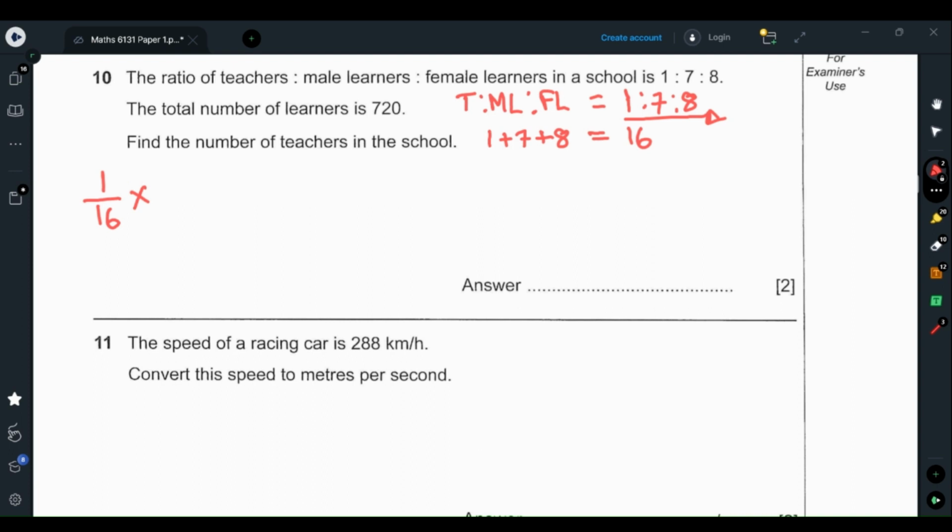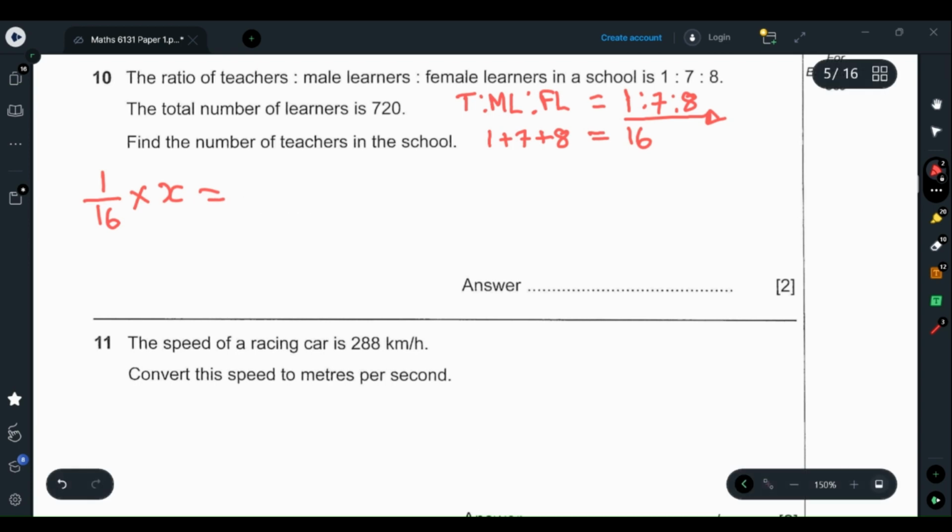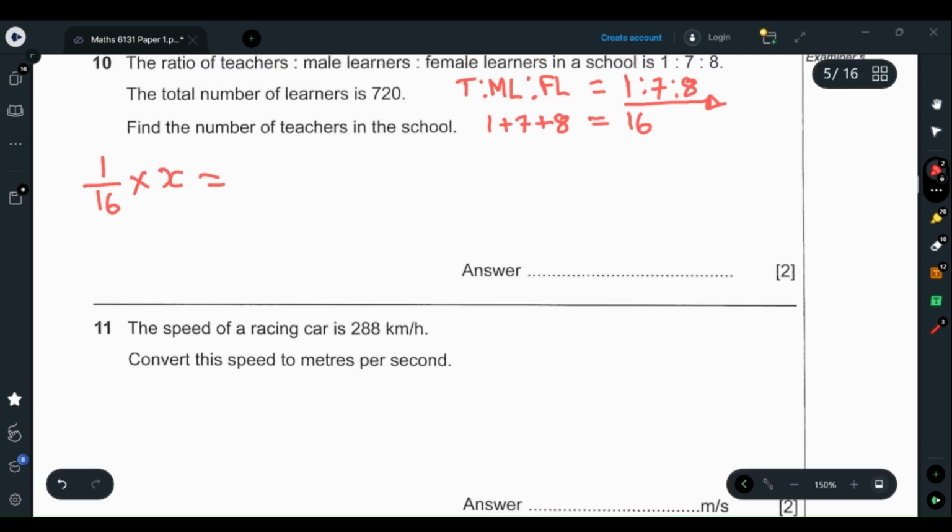That includes female learners, teachers, and male learners. I don't know what that number is. That should give me the number of teachers in the school. But I do not know what x is, so I need to get x. But I can only work with what I'm given.